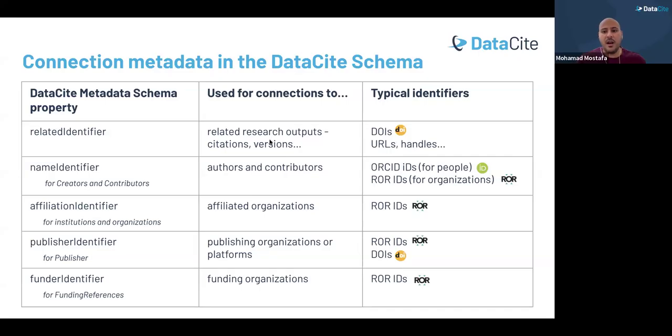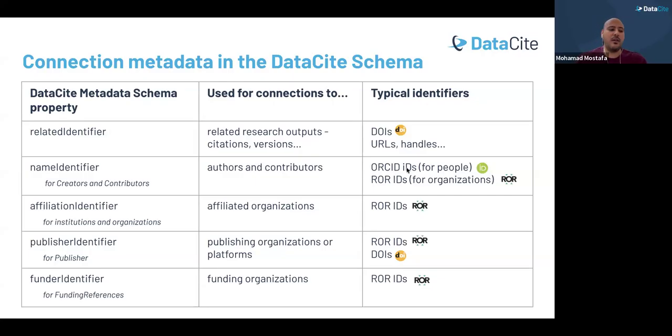For example, if you are publishing your software and you want to acknowledge that this software script is related to a specific data set or journal article, you can use this related identifier relation and refer to that article or research data by citing its DOI or handle. Similarly, you can use the name identifier to build connections with authors and contributors, to give them recognition for the output they created.